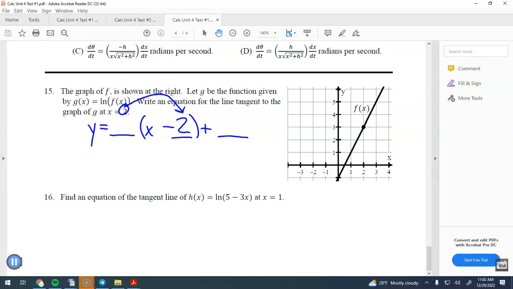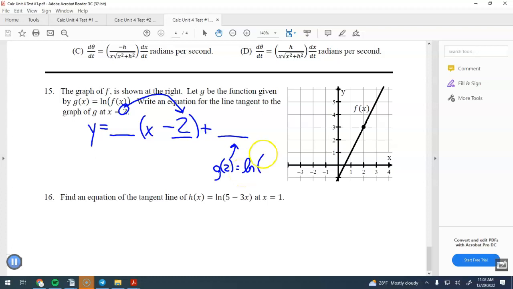The graph I'm looking at is, okay, g of x. So what's going to go here is g of 2. I'm asked to find the tangent line of the graph at g. So I want the y value of g. Well, g is ln of f of x.